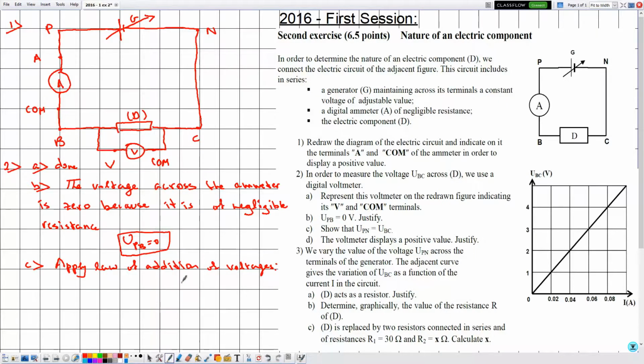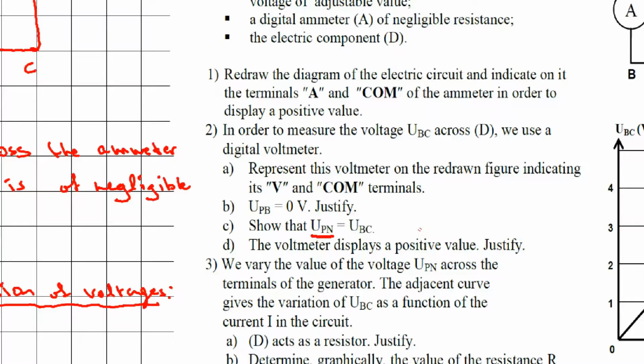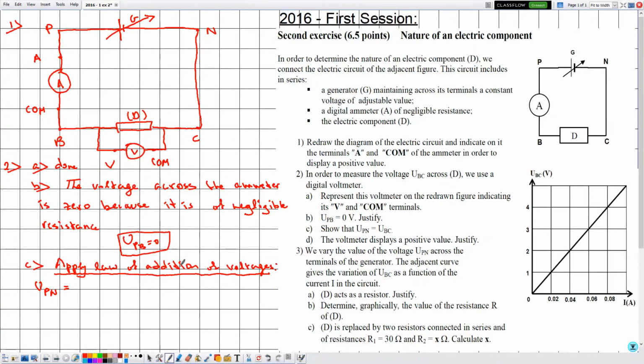Then how do we apply this law? Always on the left we write the voltage of the battery, which is given by UPN, and on the other side we write the voltages across different electric components, starting from P and ending with N, making sure that UPN and UBC will appear in the equation.